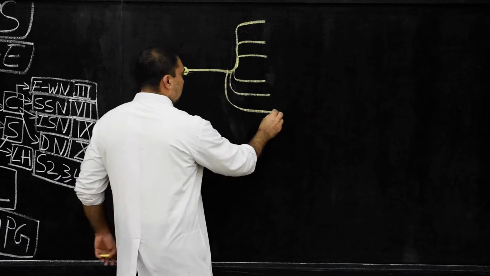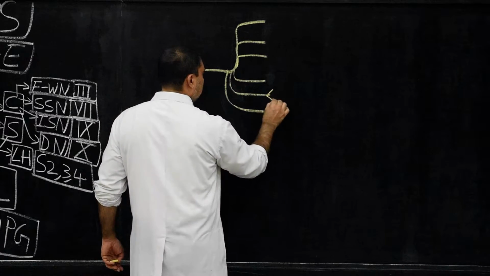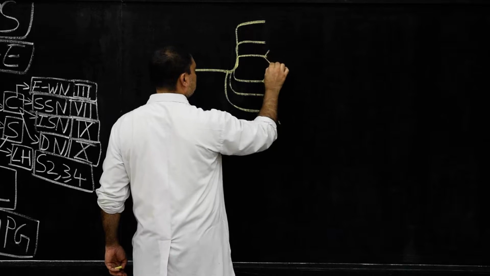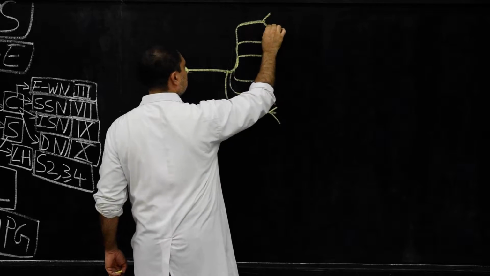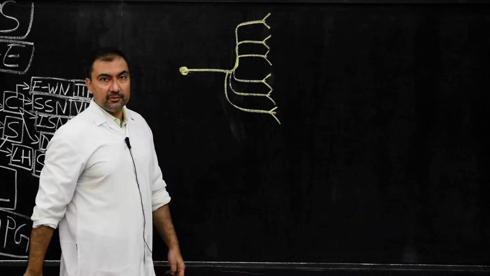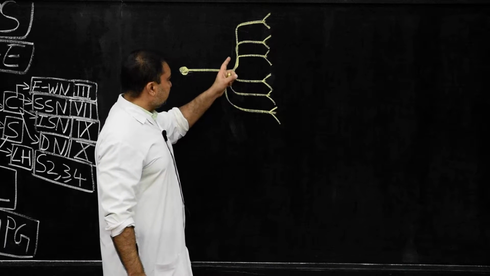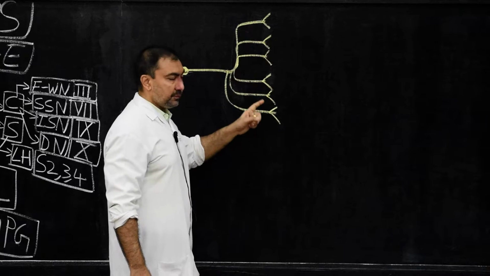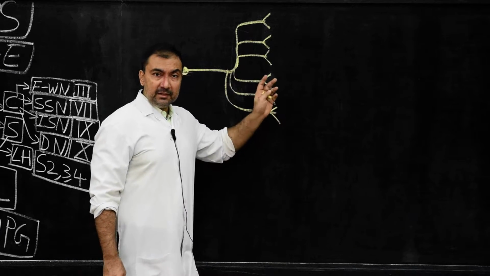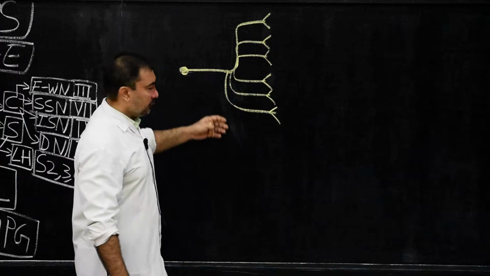So it will end here in this way. This is one entire preganglionic neuron. As we have noted, one preganglionic neuron of the sympathetic system will synapse with around 20 postganglionic neurons. So therefore it is dividing.